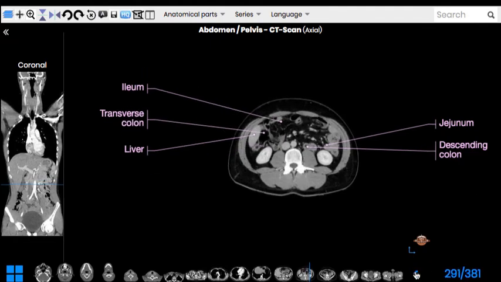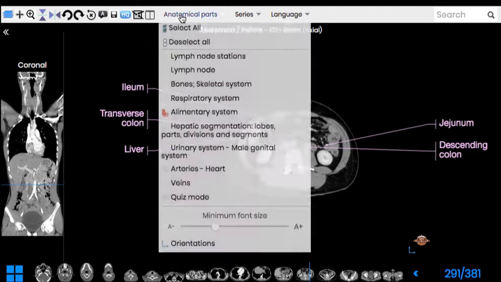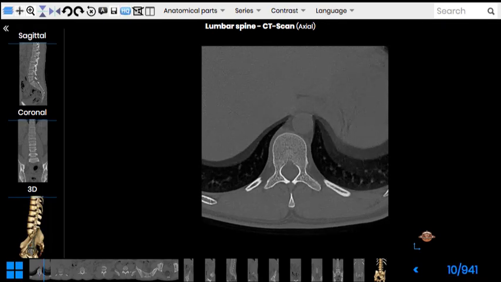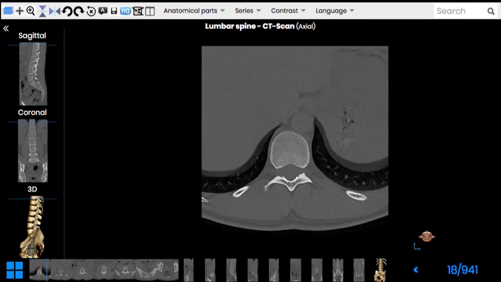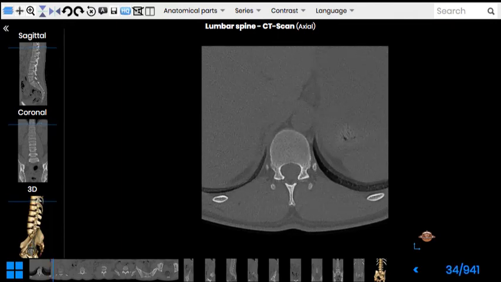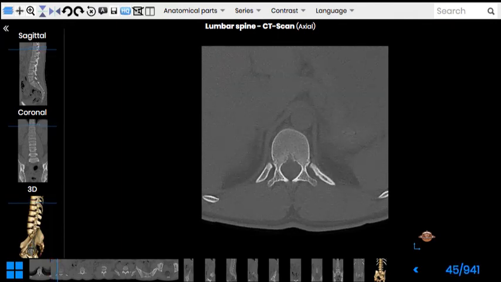Okay, so we are approaching the lumbar region now. Let's go away and look what we have. This is our last T12 vertebra. How do I know that? I see the ribs and beautiful costodiaphragmatic recess on both sides.